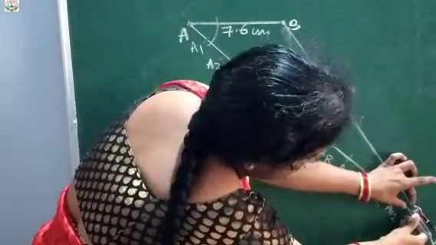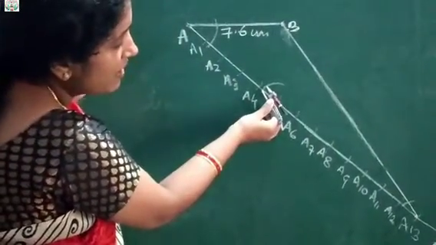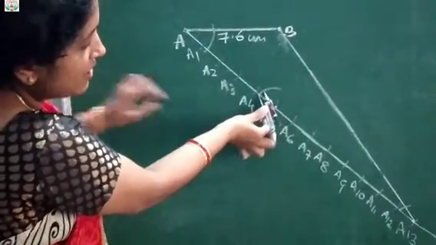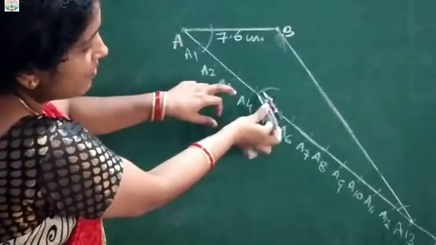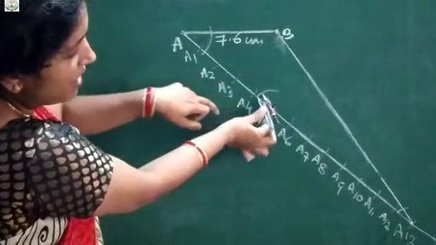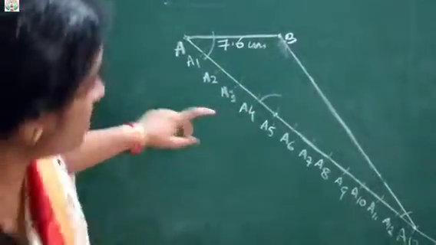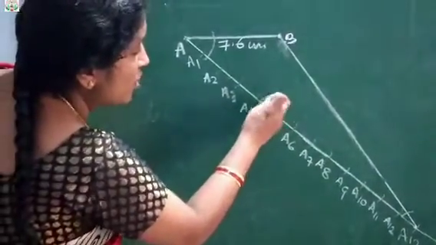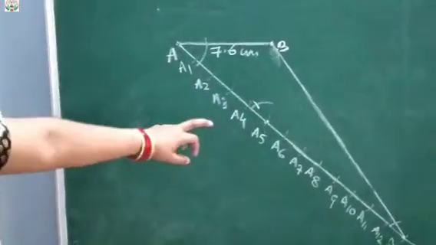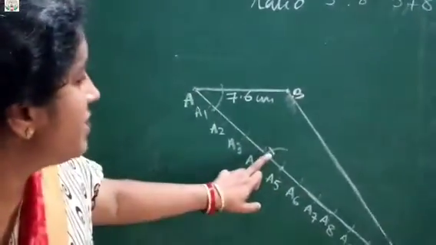The same measurement of angle I will keep here also, wherever the arc is. Here is that cutting. I have marked it with pencil and then I will use chalk for this angle. The same angle I have here, I have taken here.